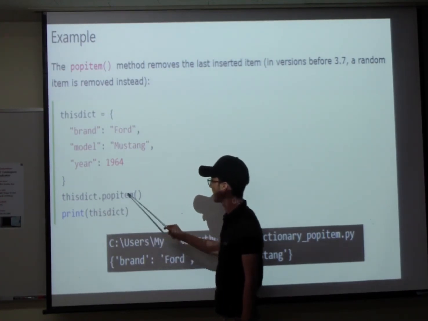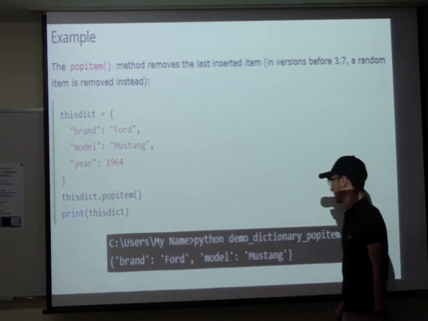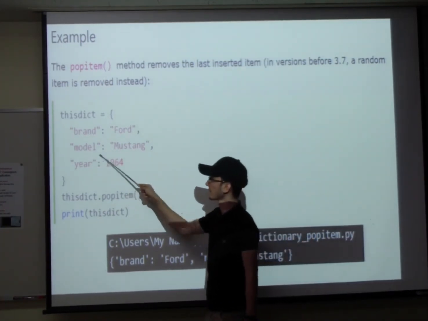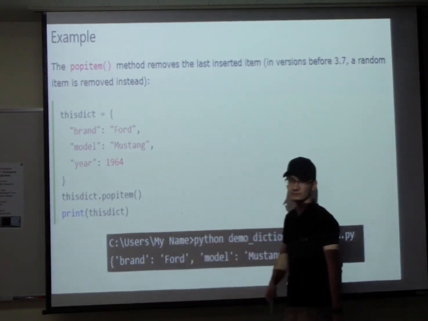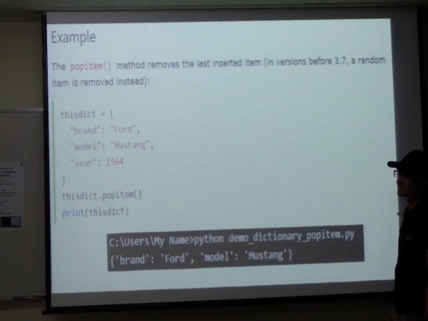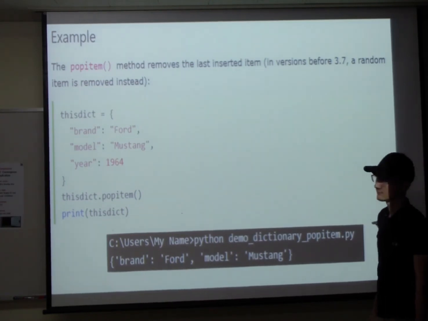We are using the popitem function, and we are printing. So this function will remove the last keyword and its value. In Python version 3.7, it will delete randomly. So now we are using Python 3.7, and if we use it, it will delete randomly. Yes. Let me test.